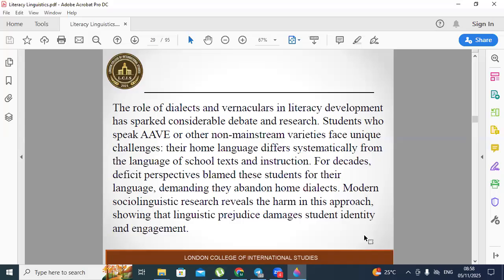This approach was both linguistically ignorant and pedagogically harmful. Linguistically, it failed to recognize that all dialects are systematic and rule-governed. Pedagogically, it damaged students' linguistic identities and disengaged them from schooling.